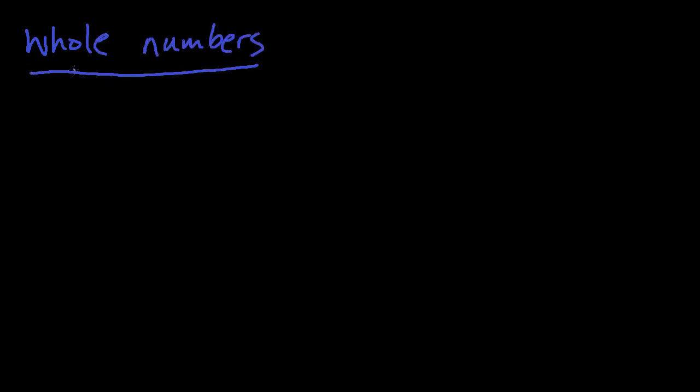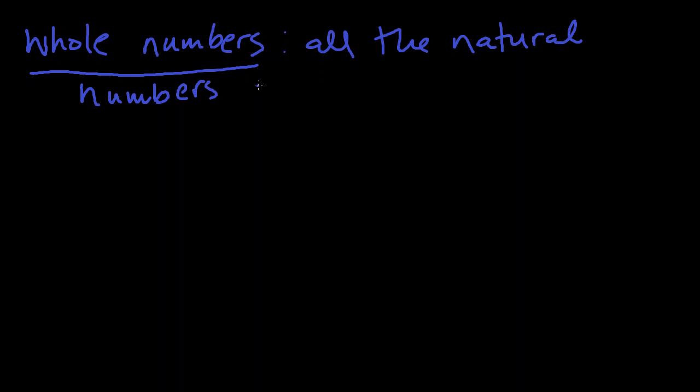So now let's look at whole numbers. What are whole numbers? Well, if you can remember what natural numbers are, whole numbers is easy. Whole numbers are all the natural numbers, but including 0. This is the key.